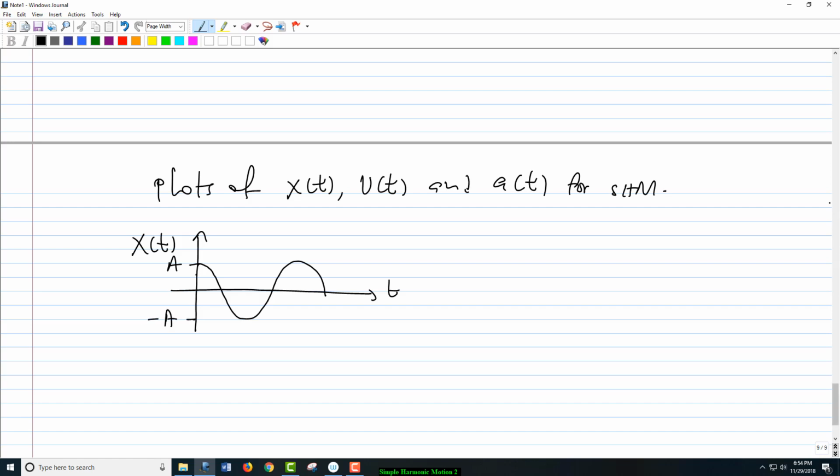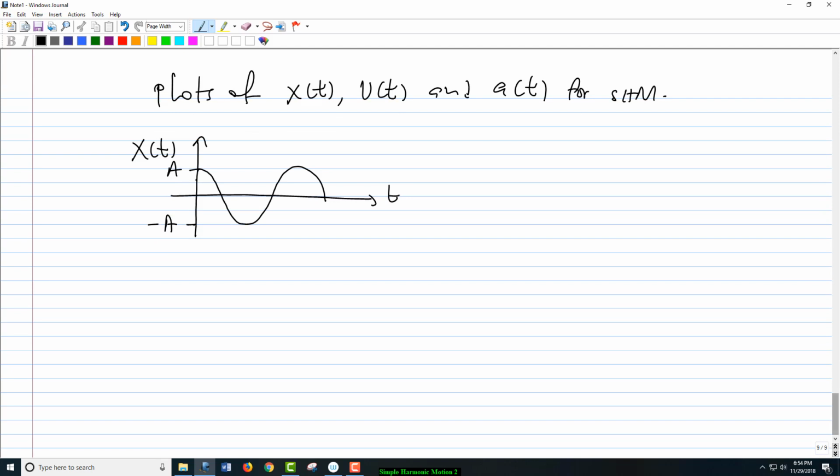And we can also plot the velocity graph, v of t. The velocity is a sine graph, so let's plot it this way. Where this is your v max, this is minus v max.